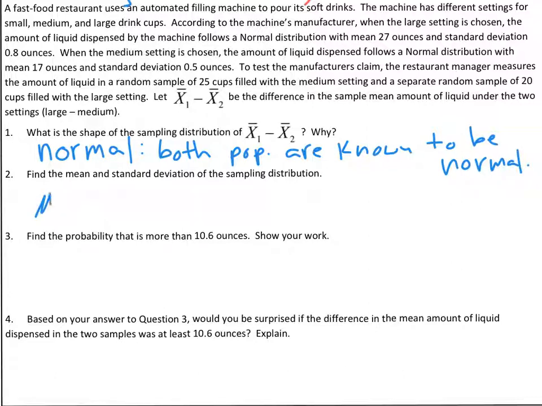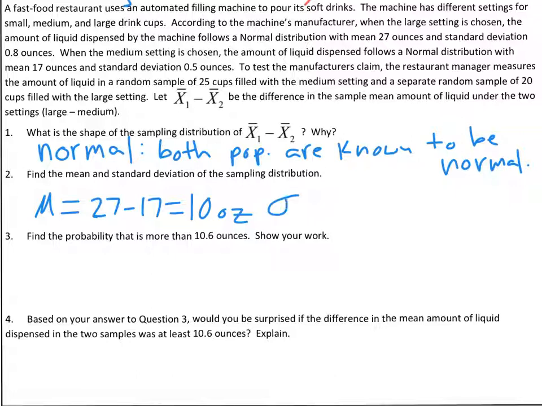The mean, as far as the difference, if I were to do these particular sample sizes, our normal curve should be centered around 10 ounces if the two settings are functioning properly. Right? We should see a difference of about 10 ounces.